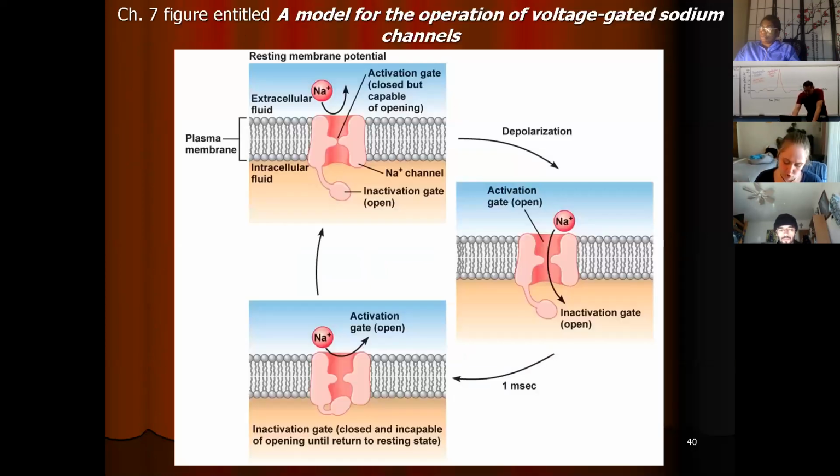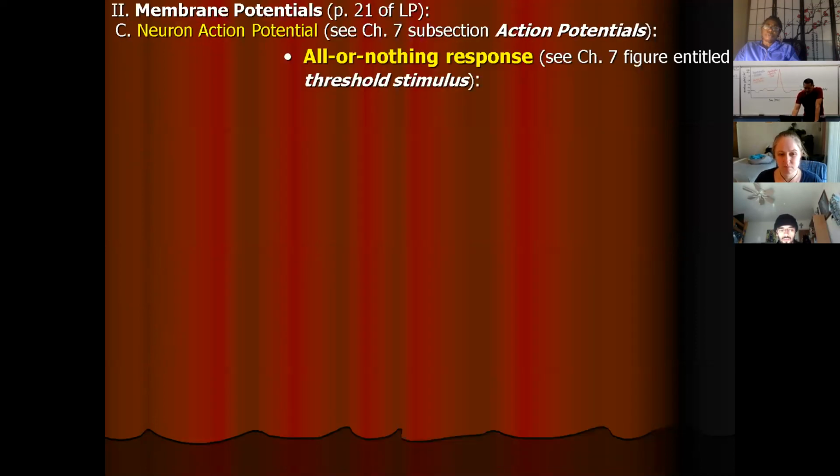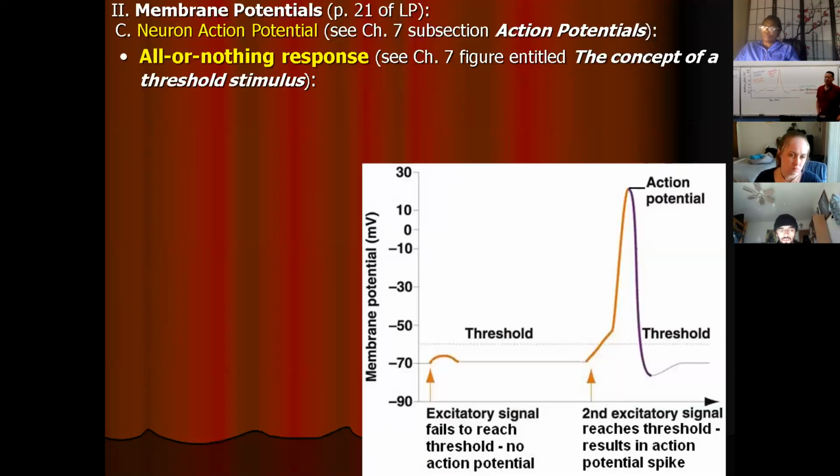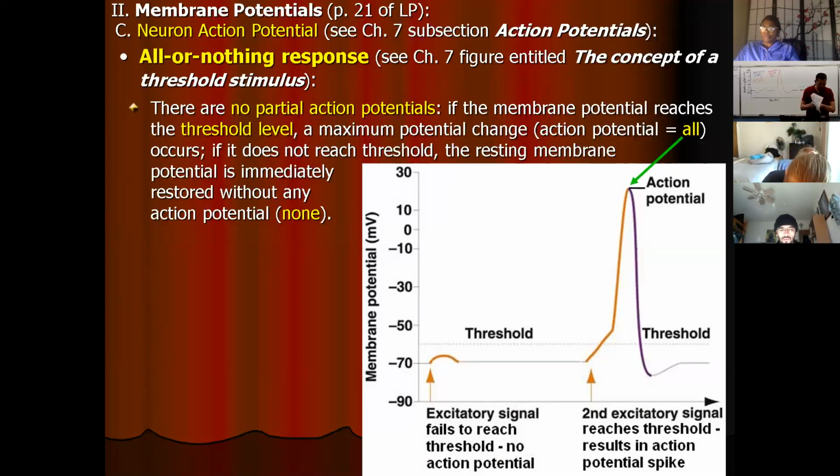And again, there is the voltage sensitive gate and the activation gate. All right, so let's talk about action potentials. Again, they are all or nothing, and they are all or nothing based on threshold. And some of these things are talked about on page 21 and 22 in your lecture packet.